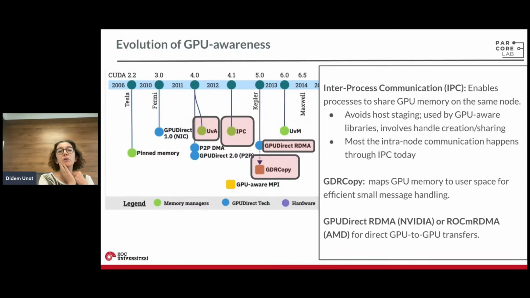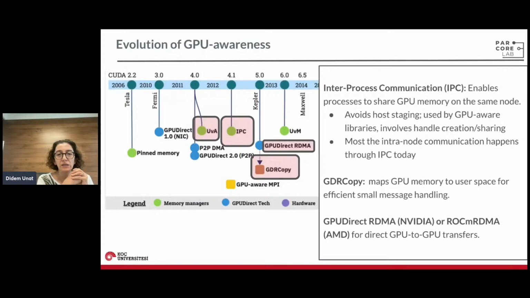And then IPC was introduced. IPC is inter-process communication, which allows processes to share GPU memory. Basically, a GPU will allocate memory and pass a handle to that address to another GPU. Then by using this handle, it will be able to access the memory located in the other GPU. So this again avoided host staging, and it uses GPU-aware libraries.